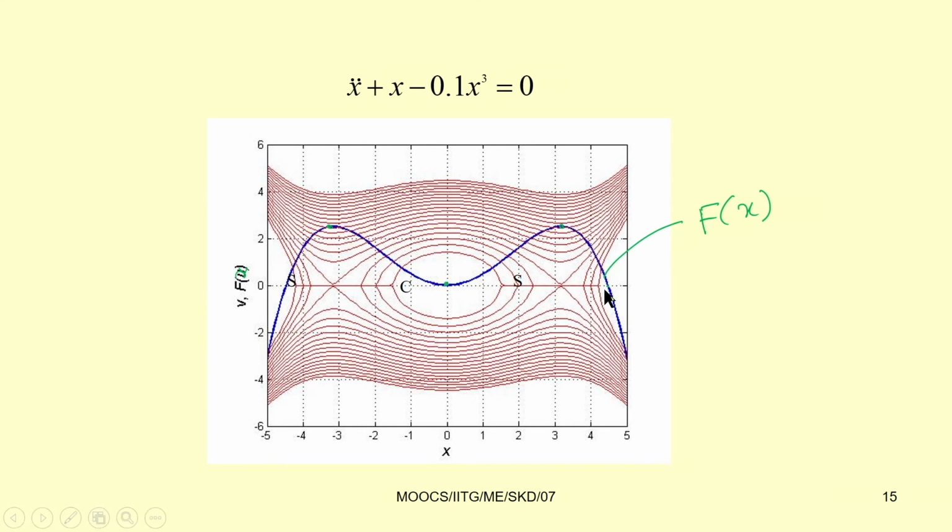Now, if you plot x versus x dot, let us see the equation we got: x dot, that is v, equal to root over 2 into (h minus F(x)). If F(x) is greater than h, this part will be negative, so the root of a negative part is imaginary.